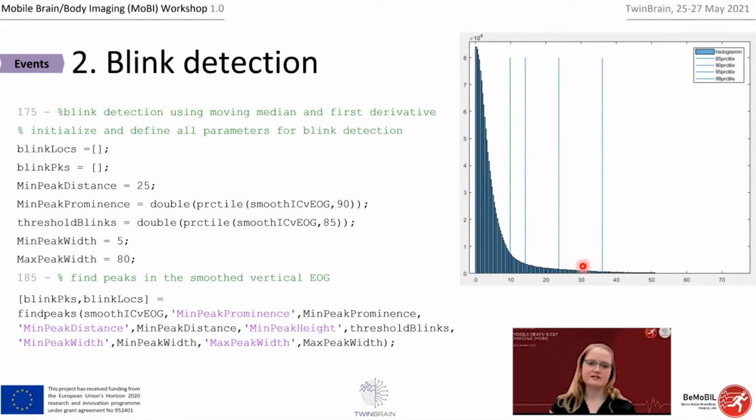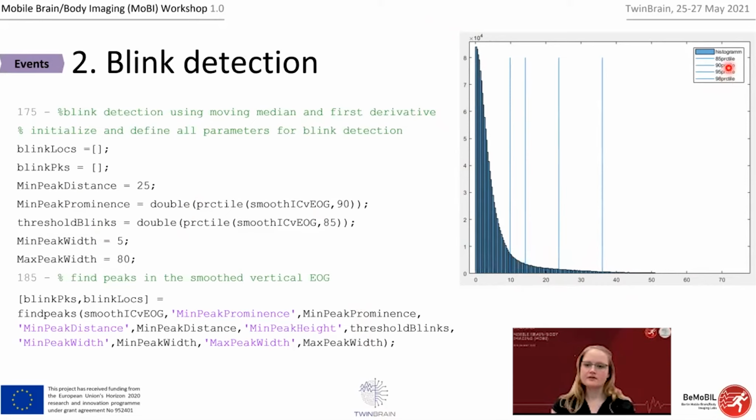So this is a pattern that I found a lot for blink related independent components, so that you have this double peak. But if you use the absolute values, you have more or less half of the Gaussian curve.